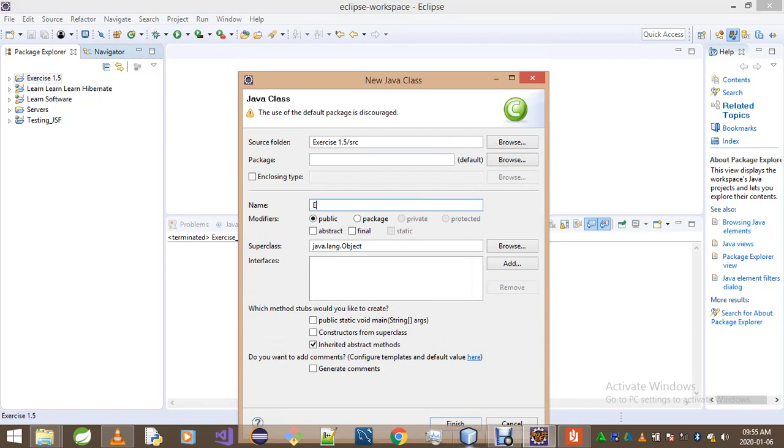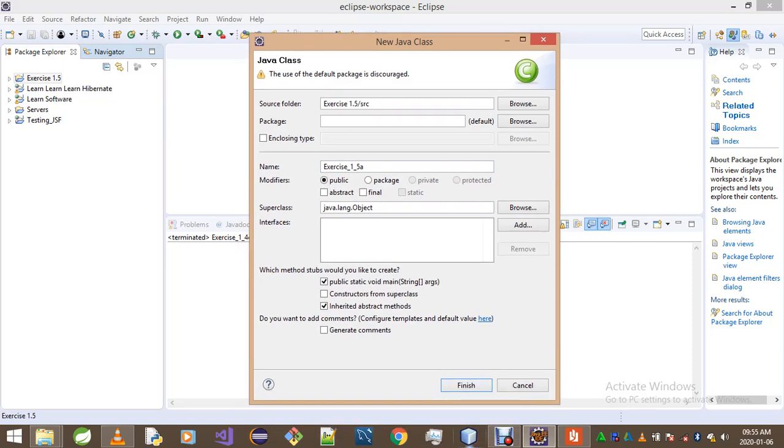Since we're solving this from student A's perspective, we're gonna call our class exercise 1 underscore 5A, and then select a main method so that the compiler will generate it for us.